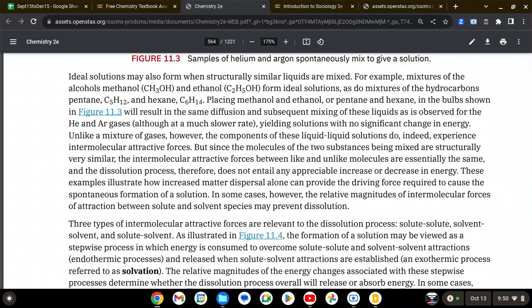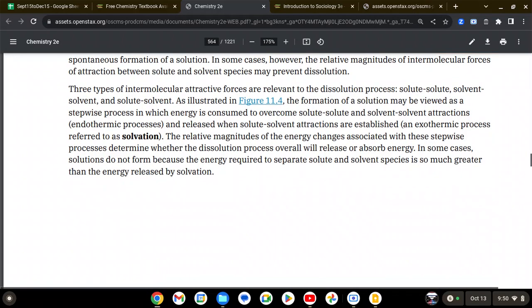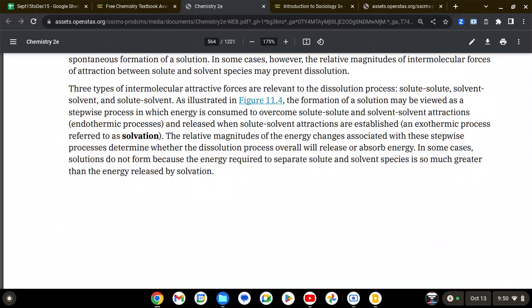These examples illustrate how increased matter dispersal alone can provide the driving force required to cause the spontaneous formation of a solution. In some cases, however, the relative magnitudes of intermolecular forces of attraction between solute and solvent species may prevent dissolution. Three types of intermolecular attractive forces are relevant to the dissolution process: solute-solute, solvent-solvent, and solute-solvent.